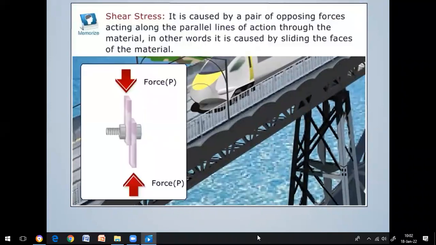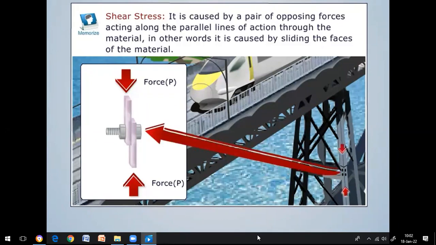A more complex type of stress is shear stress. It is caused by a pair of opposing forces acting along the parallel lines of action through the material. In other words, it is caused by sliding the faces of the material.